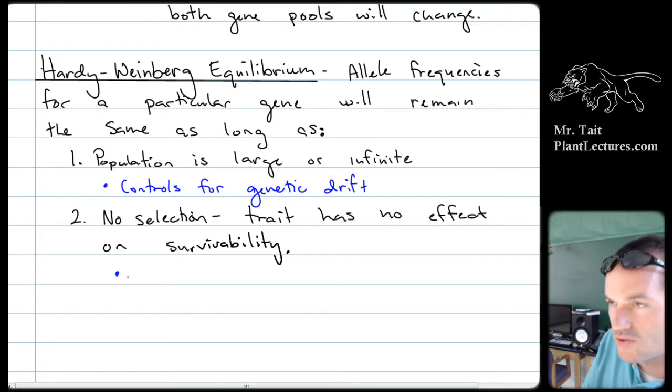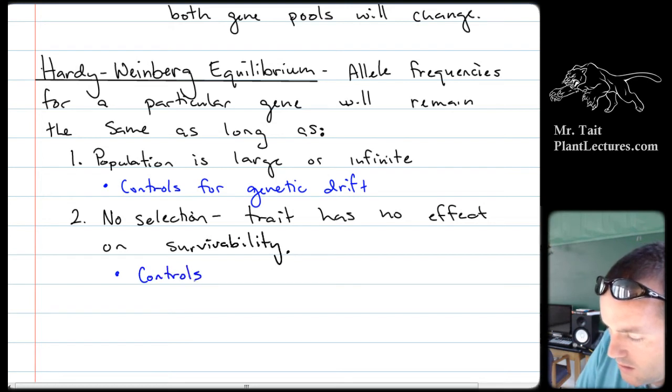Okay, this obviously controls natural selection mostly, because that's the type that's going to control survivability for the most part. So it controls for natural selection.